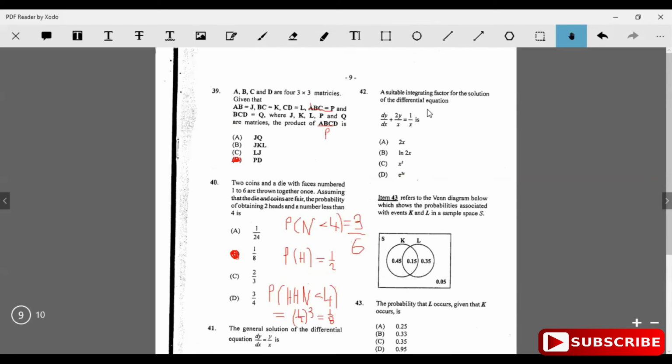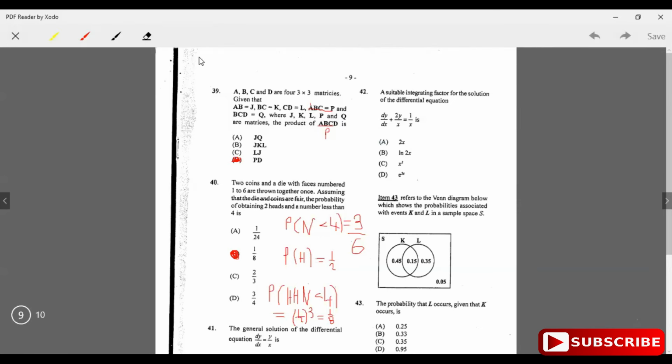Question 42. I don't know if it repeats. It's first order linear.